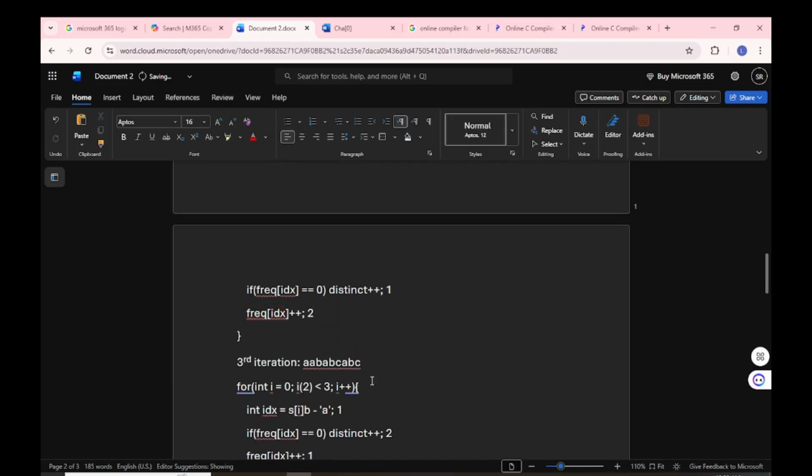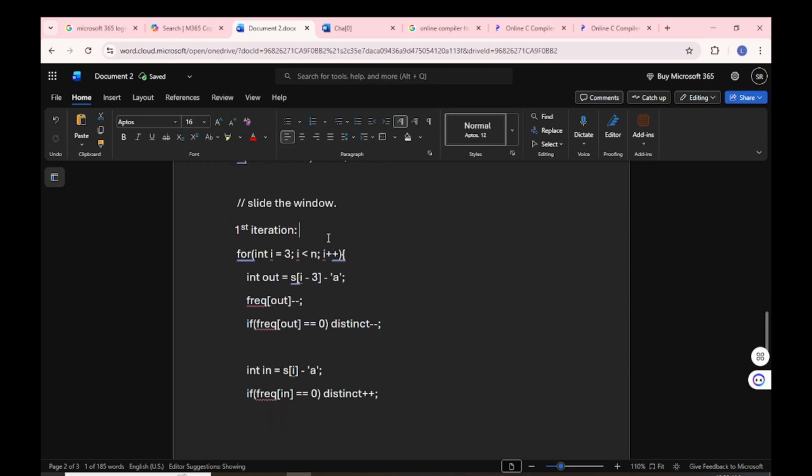First iteration. So take the letters. Now I will start from 3, right? And n is 9. I minus 3, that means 3 minus 3 is 0. So the first one is being kicked out, right?